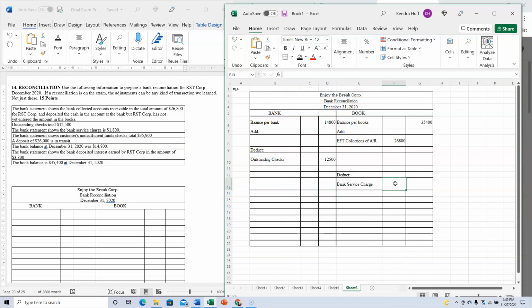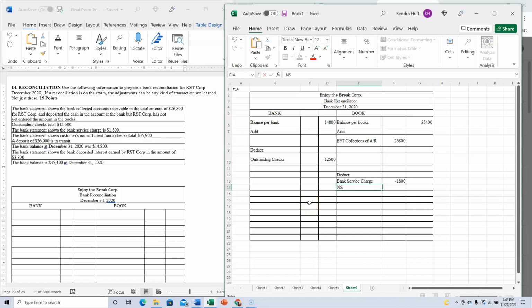All right, so this is going to be minus 1,800. The bank statement shows customers' non-sufficient funds check totals 35,900. Well, that's a pretty penny. So NSF checks. Remember, that means somebody wrote us a check, we deposited it, and then it didn't clear their account.